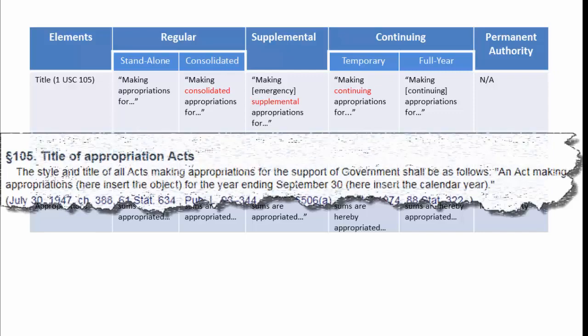Because the title of Appropriation Acts requirement in the Dictionary Acts applies only to what else? Appropriation Acts. And because we are now discussing appropriation language provided by laws other than Appropriation Acts, it should come as no surprise that this requirement does not apply to permanent appropriations, whether entitlement or not.